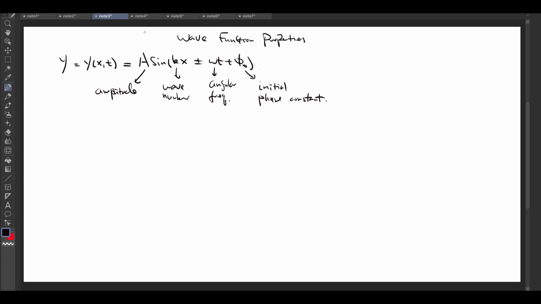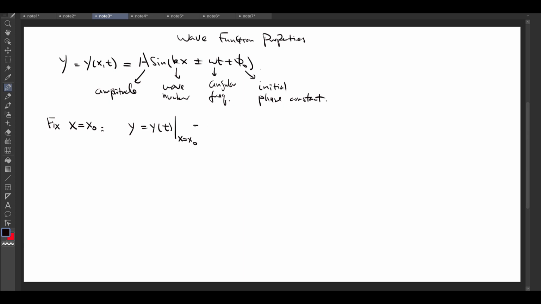Now, if I want to look at how to plot this function in a diagram, then I can do two things. First, I can fix the position to some specific point, let's say x naught. Then the function here is now only a function of t, because x equals x naught.